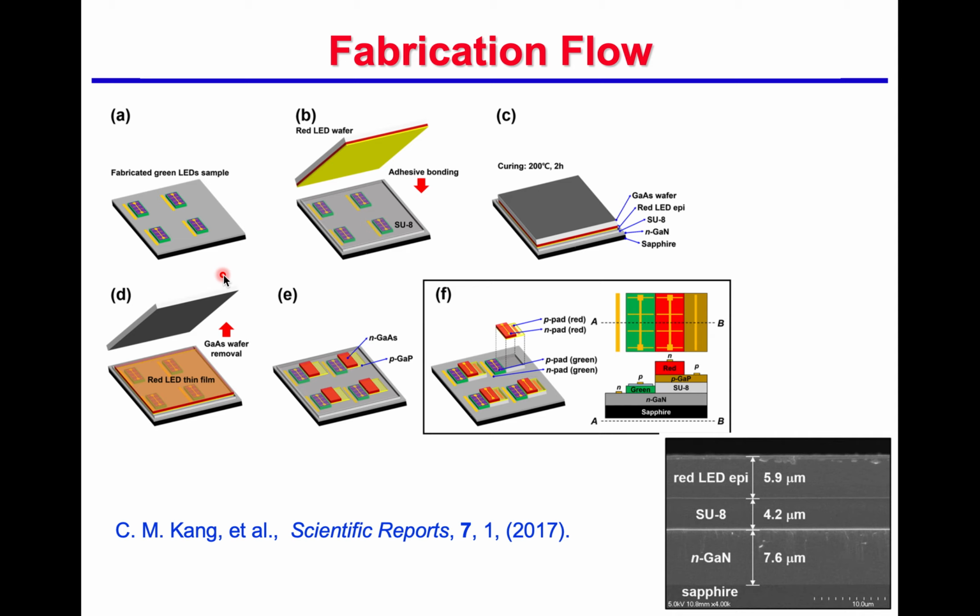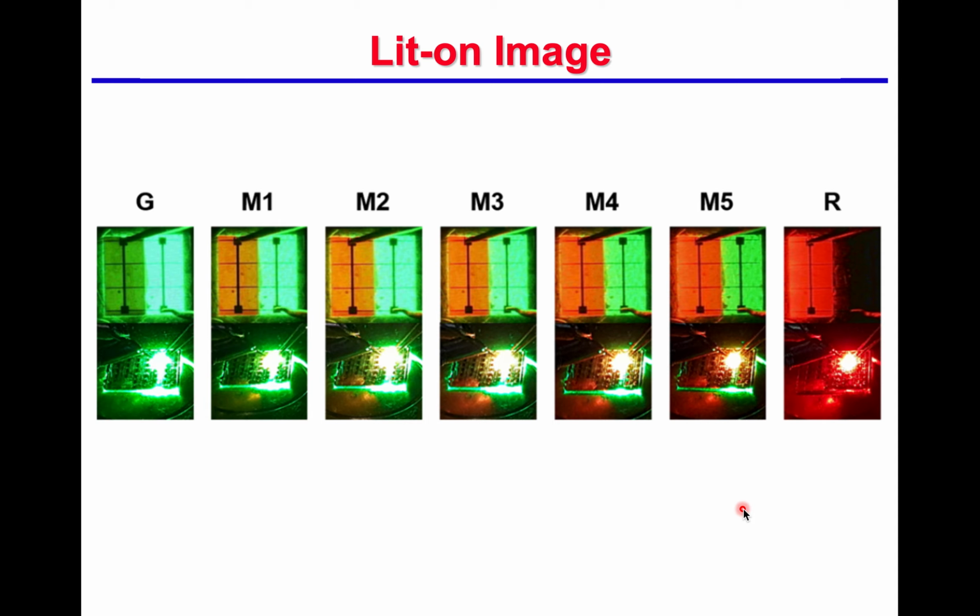So one way to achieve that is the transfer from one substrate to the other substrate. In this case, they transfer the red LED epitaxial to the green gallium nitride epitaxial, so that you can see here's a red pixel and a green pixel, and you can change the current density.